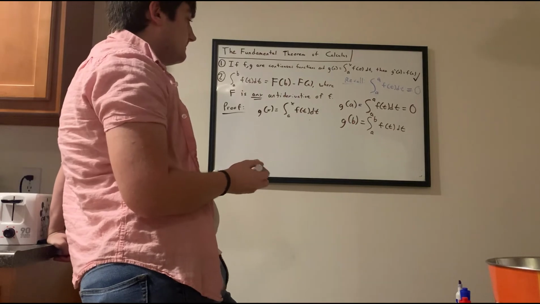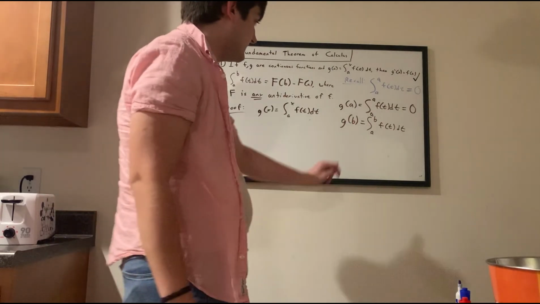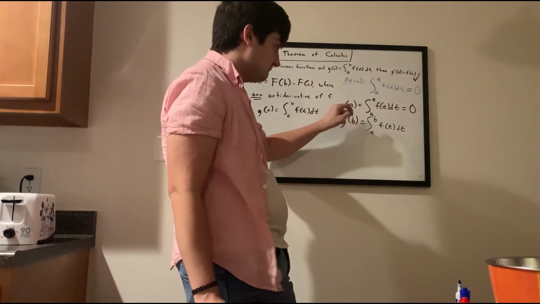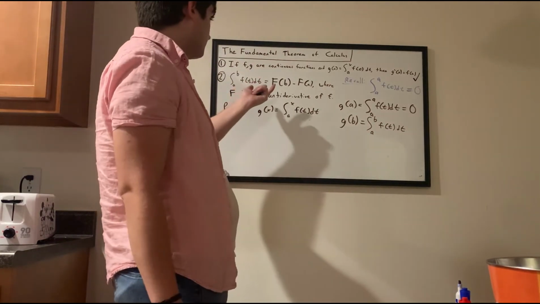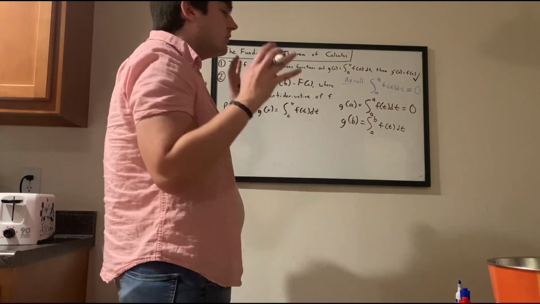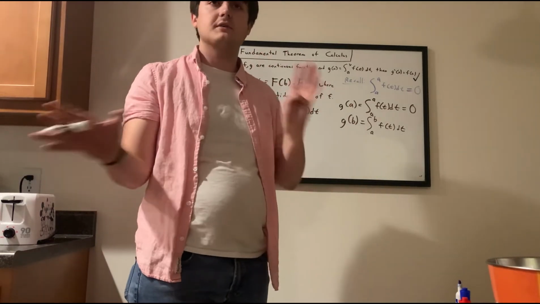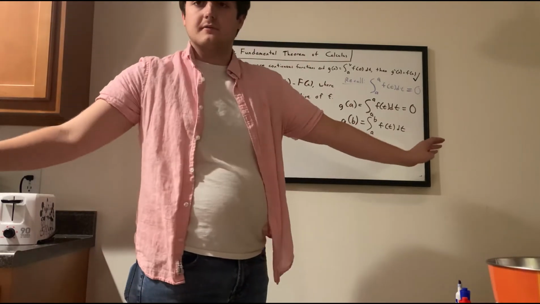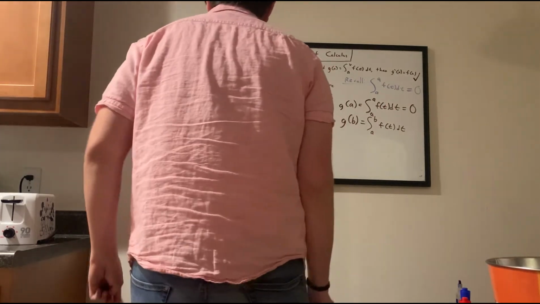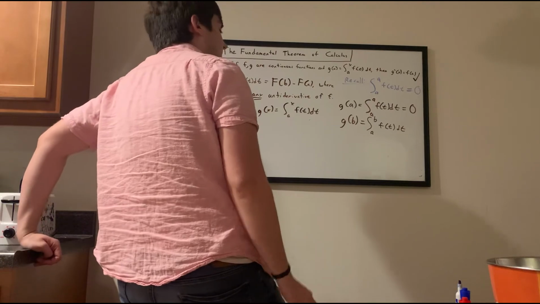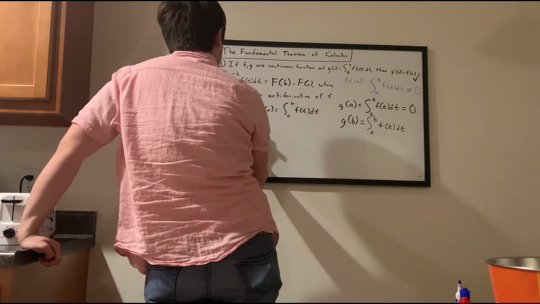Now notice, if I take g of b minus g of a, that absolutely gives me what I'm looking for. But I don't want to just settle for g. I want to use any possible antiderivative I can. So, we're going to go with the antiderivative big F.